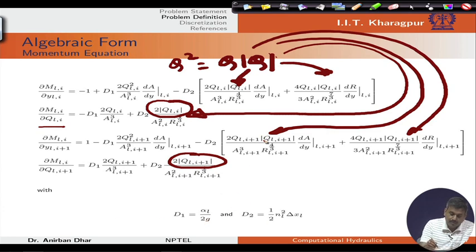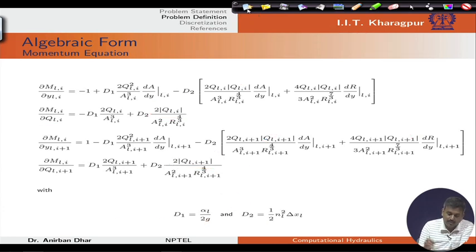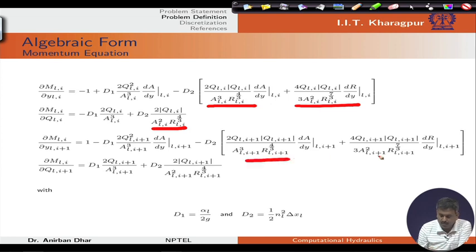Now, compared to our previous one, what are the changes in this derivative calculation? The changed terms are 1, 2, 3, 4, 5 and 6. These 6 terms which are related to friction slope will change.